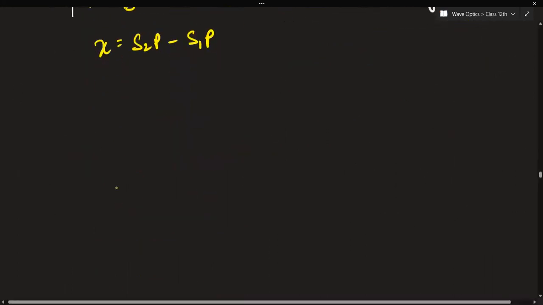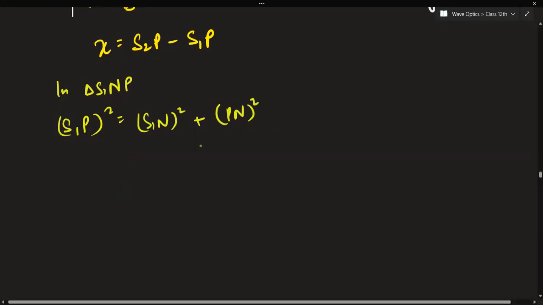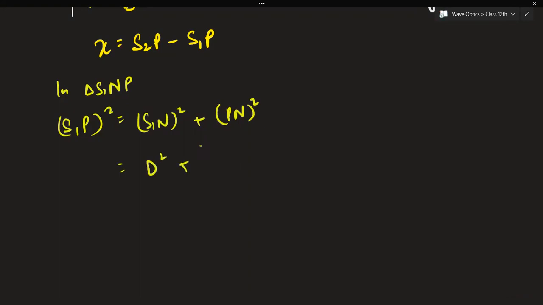Firstly, let me find S1P. In triangle S1NP, the hypotenuse S1P whole square will be equal to S1N whole square plus PN whole square. S1N is the separation between slit and screen, capital D square, plus PN, which I have told you is yn minus d by 2 whole square.